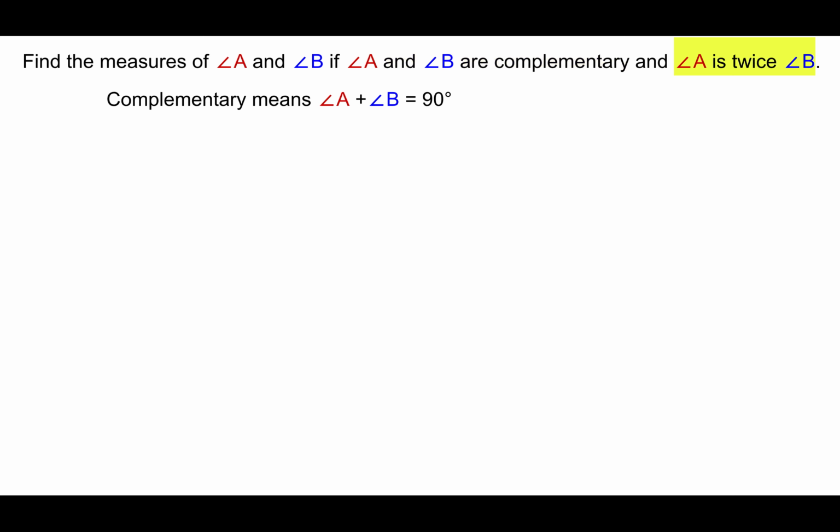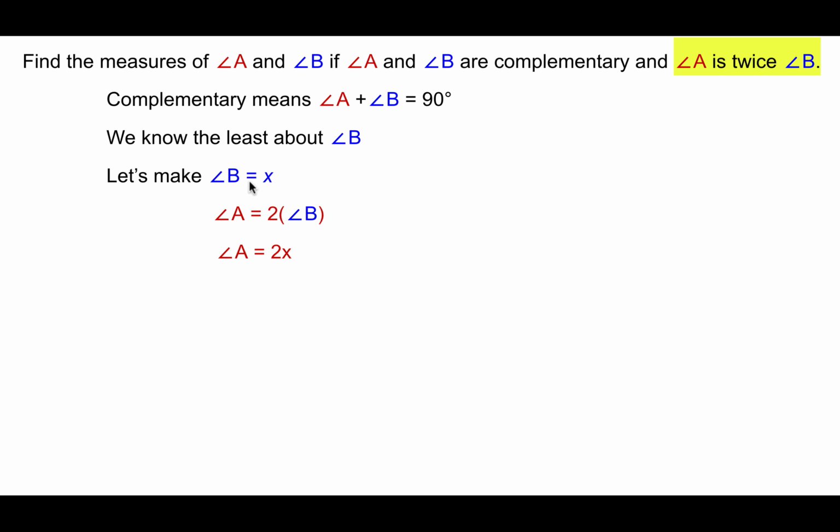But this time, angle A is twice angle B. We know the least about angle B, so let's make angle B X. We know that angle A is twice angle B, so I'm going to say 2 times angle B. And we can replace angle B now with X, because we said let angle B equal X. So angle A is 2X, and angle B is X.